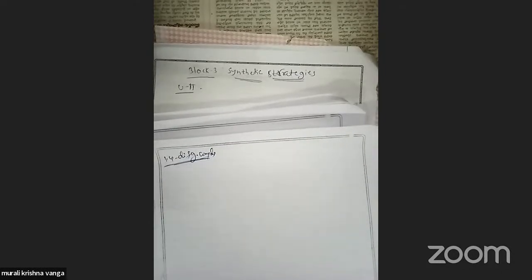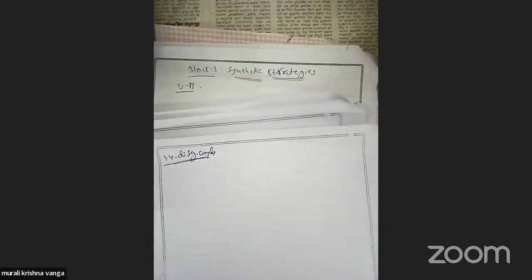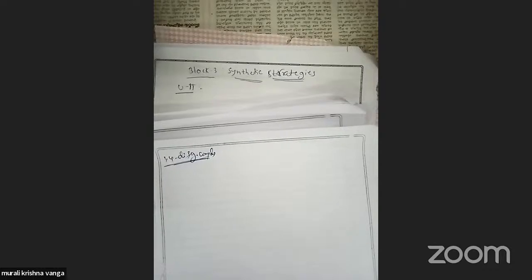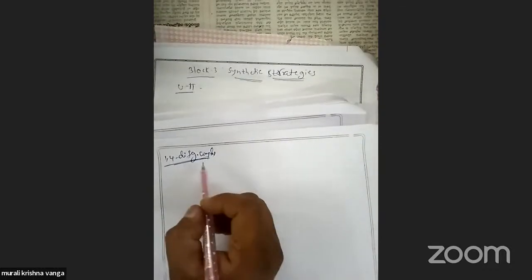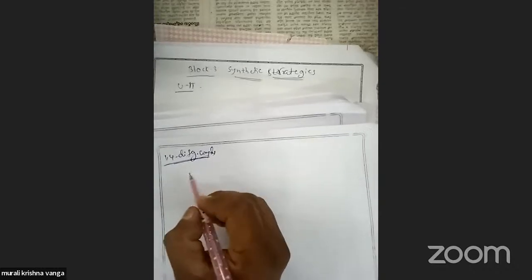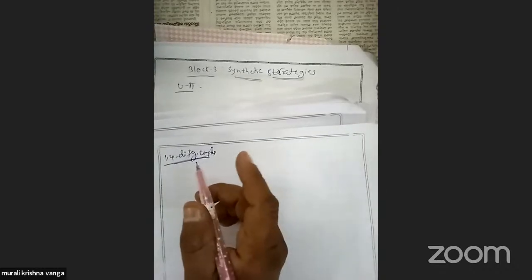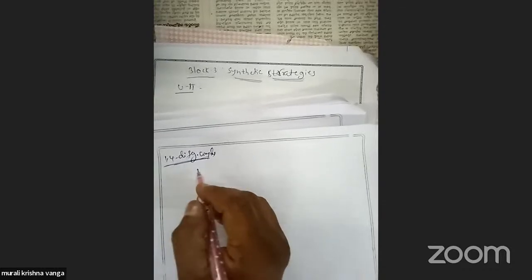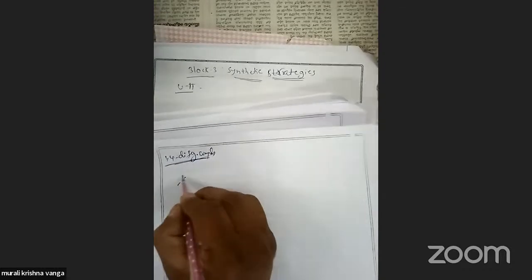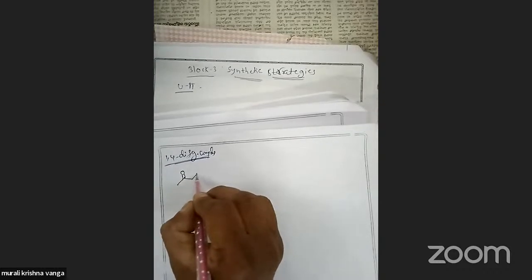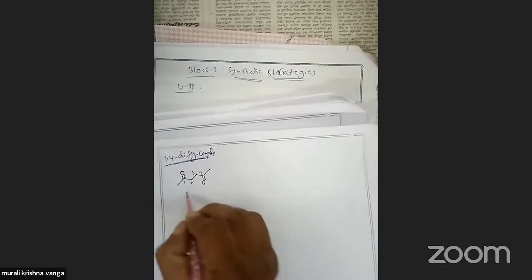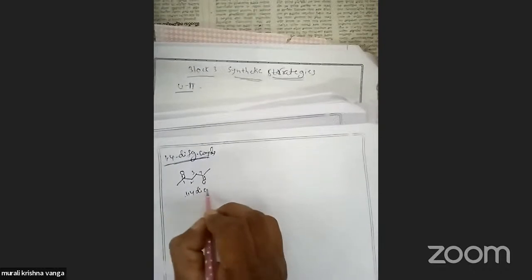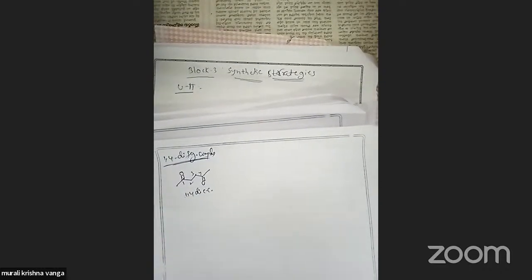In 1,4 difunctional compounds, the two functional groups are at the 1,4 positions. Okay, here the best example is 1,4 dicarbonyl compounds.